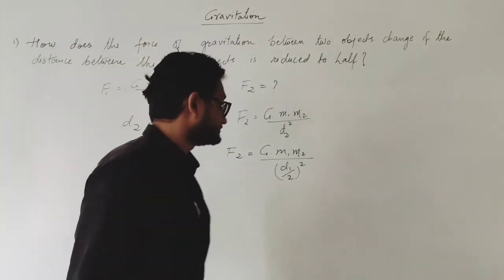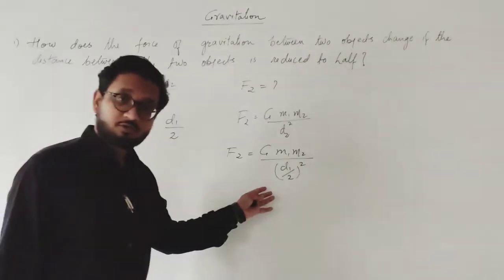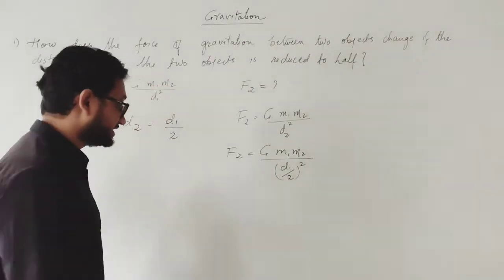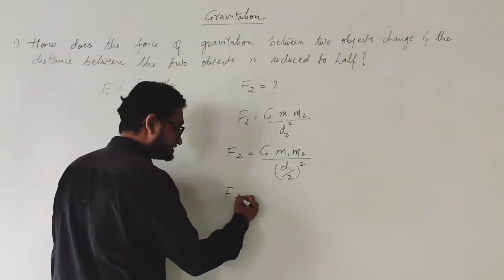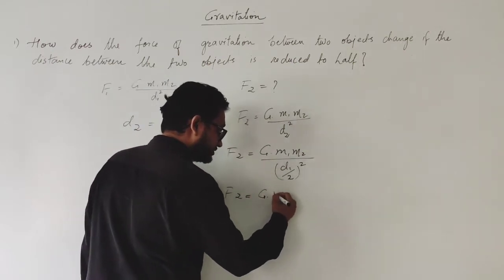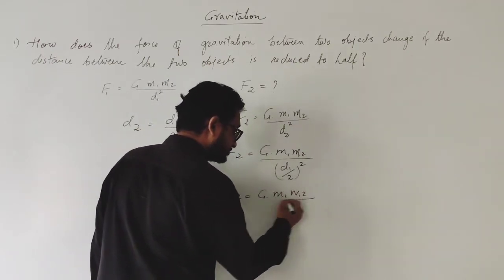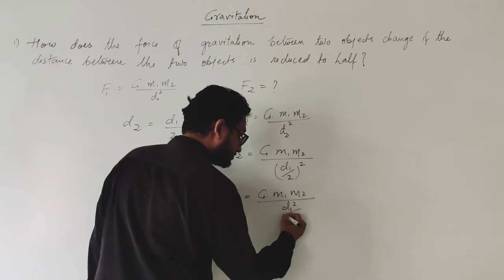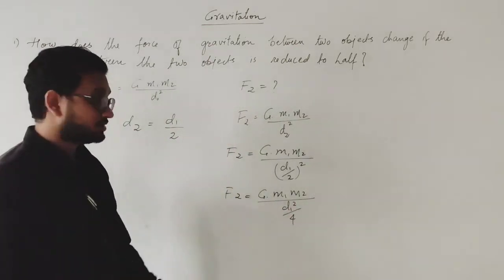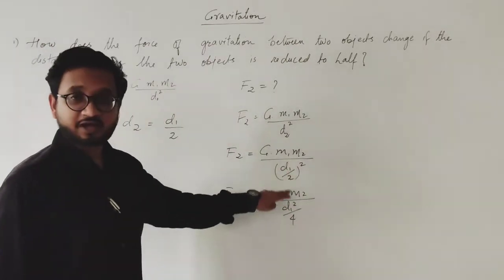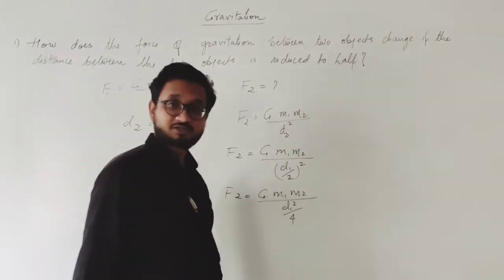Okay? Now open the brackets, quite easy. So F2 is equal to G m1 m2 by d1 square upon 4. So square is applied on d1 and 2, so 2 into 2 becomes 4.